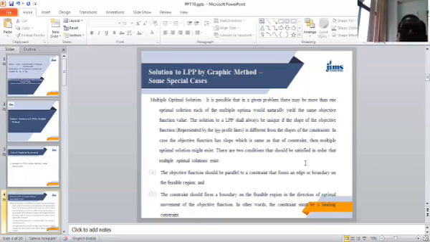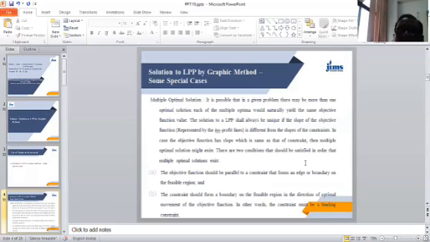The solution to a linear programming problem will be unique if and only if the slope of the objective function, which is represented by the isoprofit lines, is different from the slope of the constraints. In case the objective function has the same slope as that of the constraint, then multiple optimal solutions might exist.